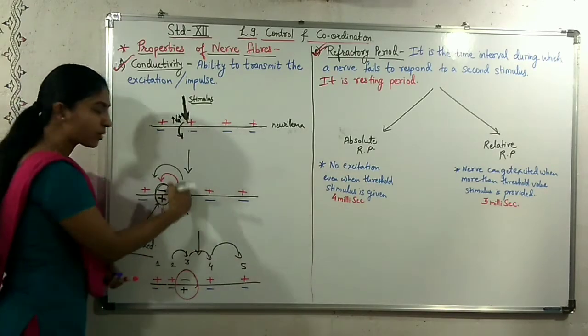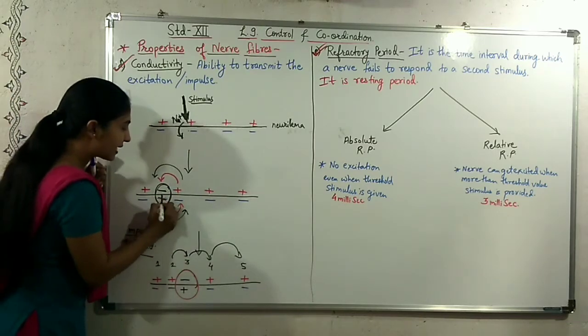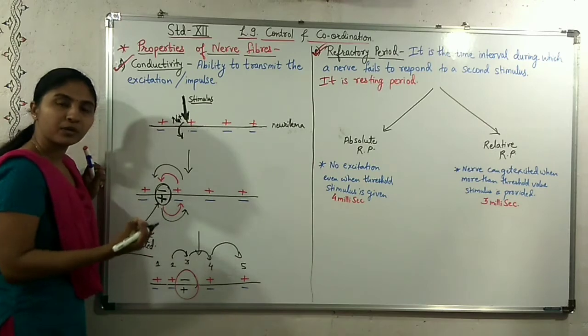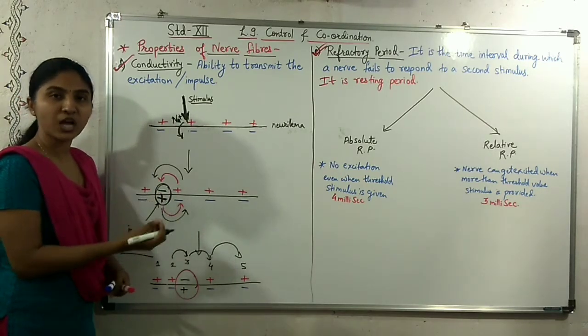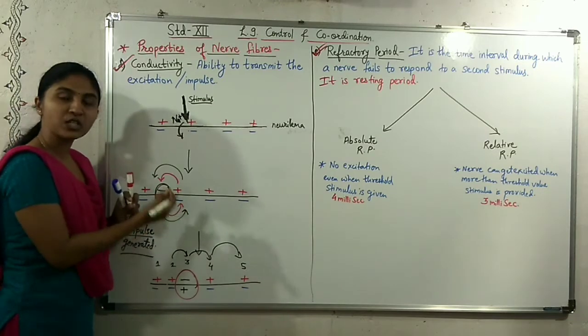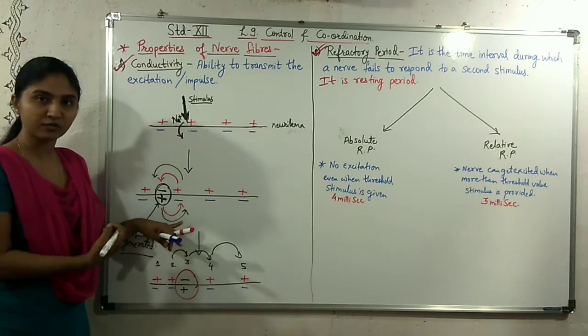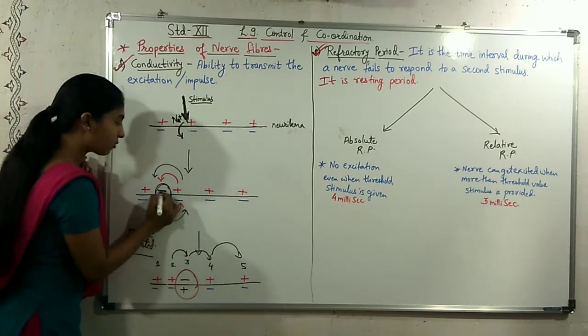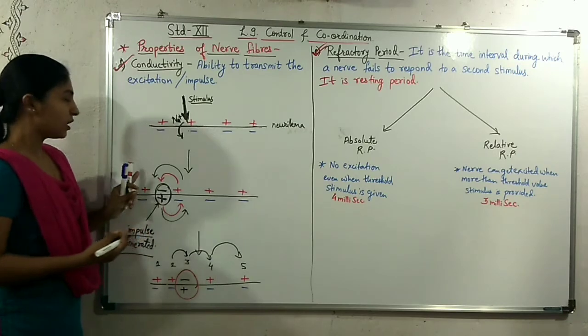As this sodium ion came inside, the positively charged particles increased inside the membrane, on the inner side of the membrane, whereas on the outer side of the membrane the negatively charged particles increased.